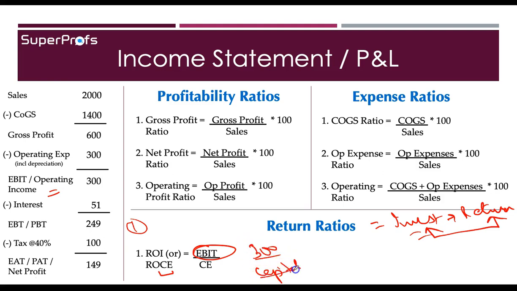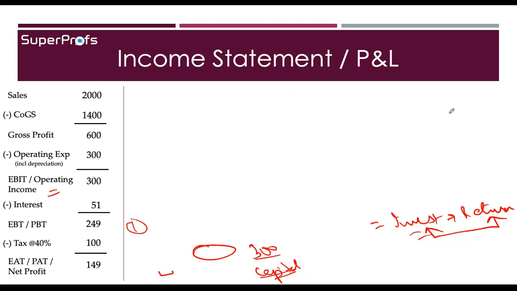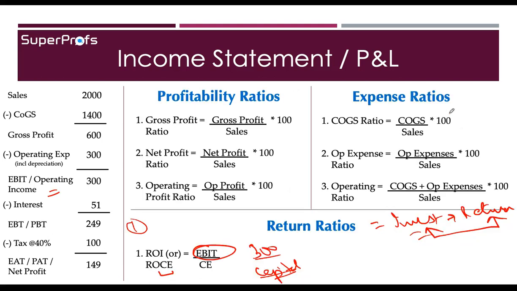So 300 upon capital, you remember in the last example we had taken capital to be 500 lakh rupees. So you will take 300 upon 500, and this will give you your return on investment.